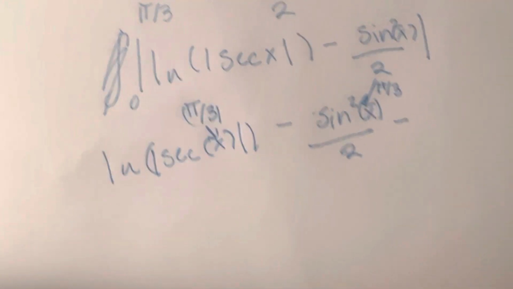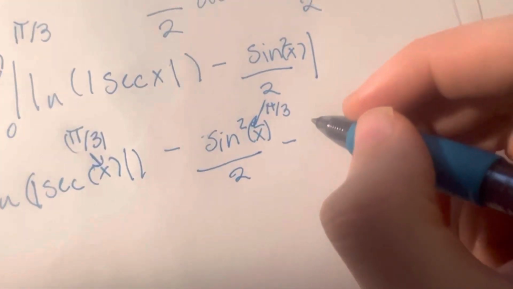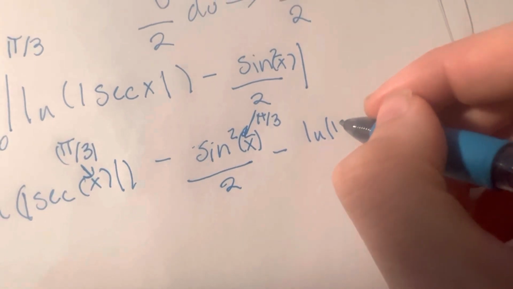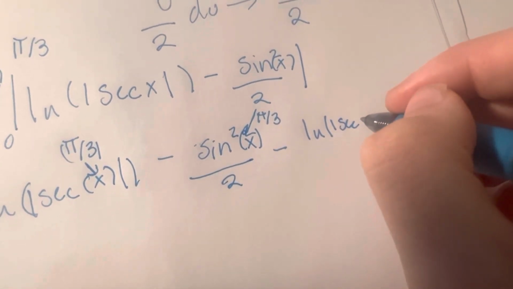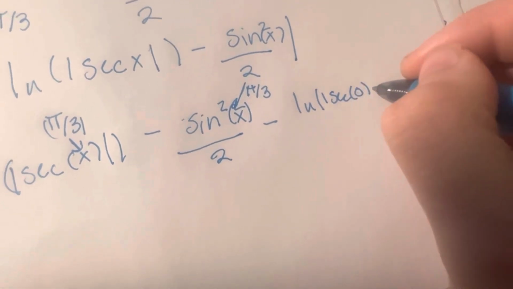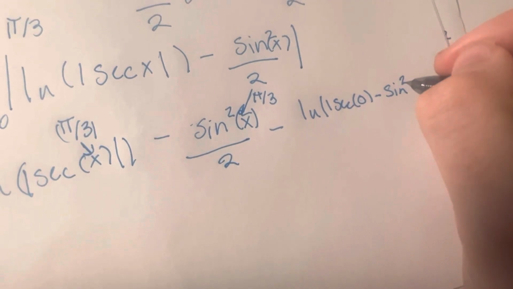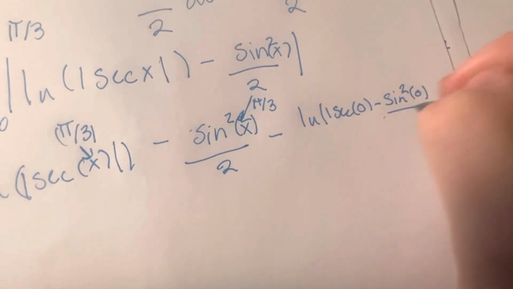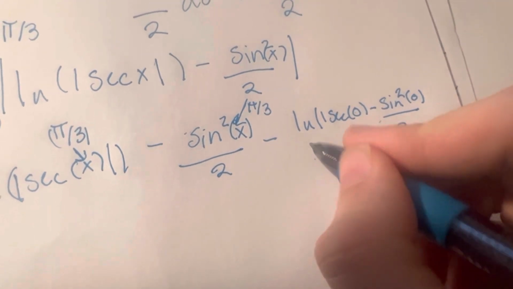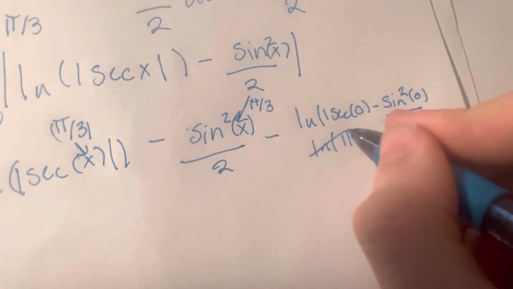Minus, let me just adjust my camera here really quickly, minus ln of secant 0 minus sine squared of 0 over 2. And then solving this, we get ln of secant 0 being 1, so ln of 1, that can be canceled out.